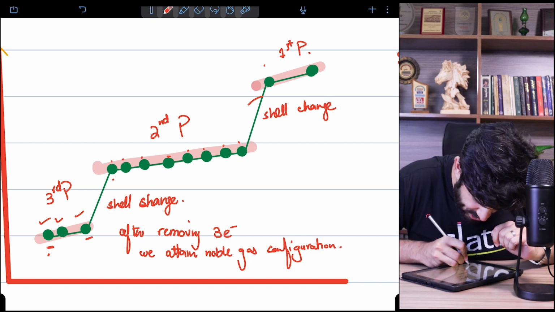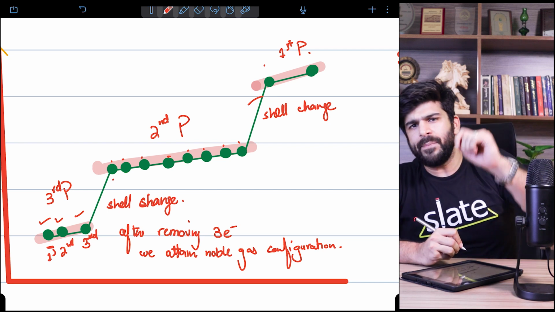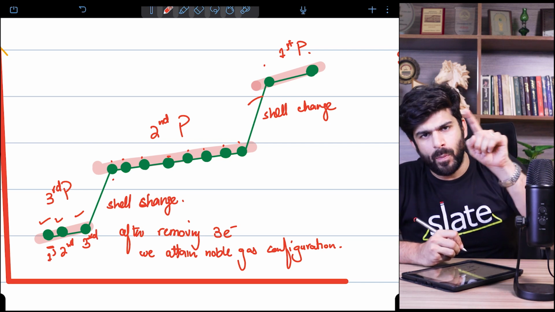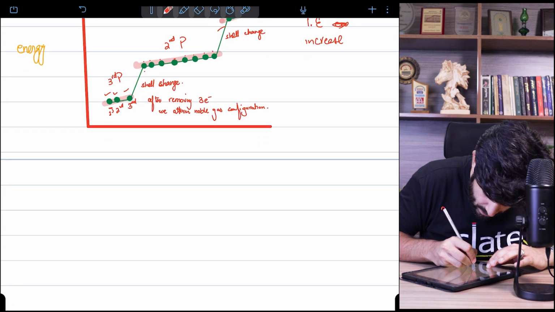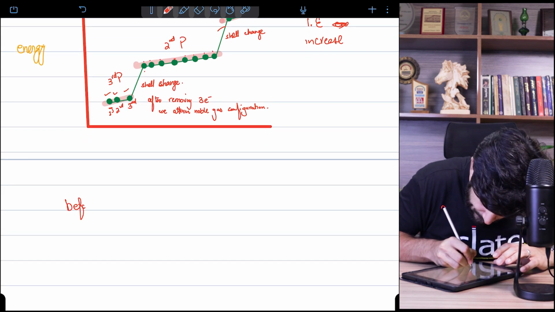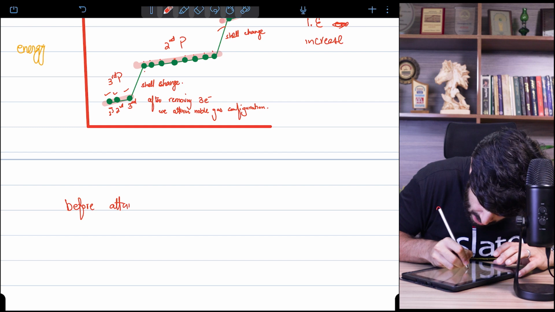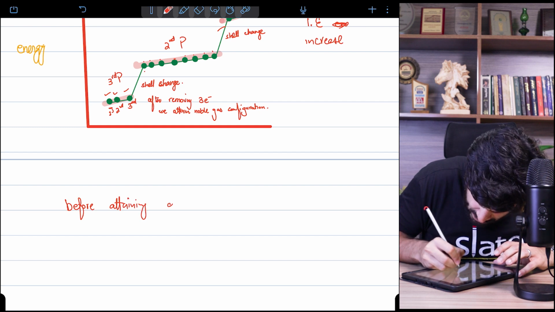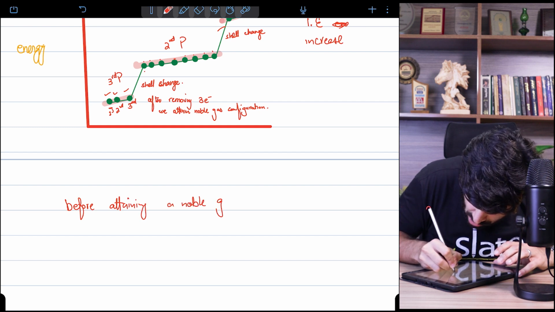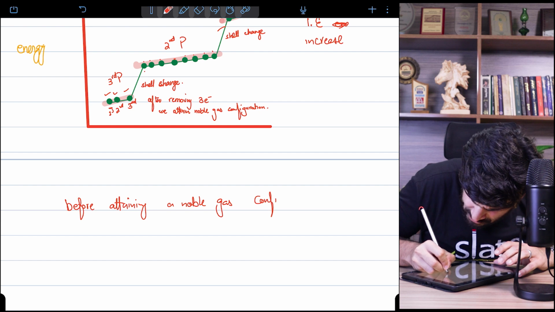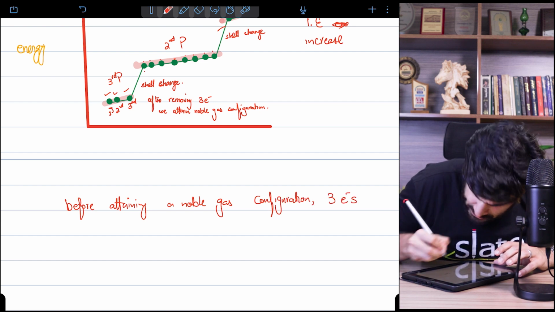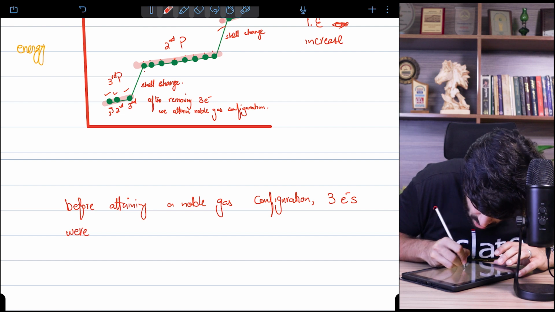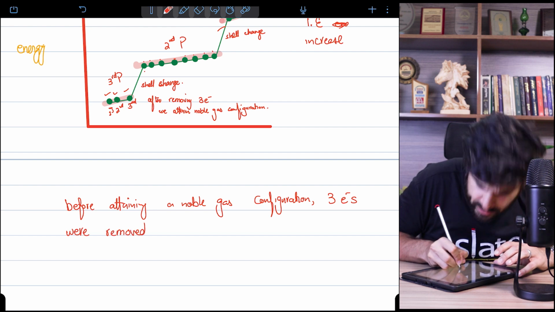First ionization, second, third. So what does that mean? Before attaining a noble gas configuration, 3 electrons were removed.